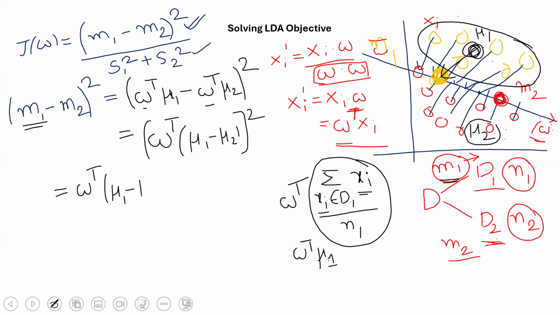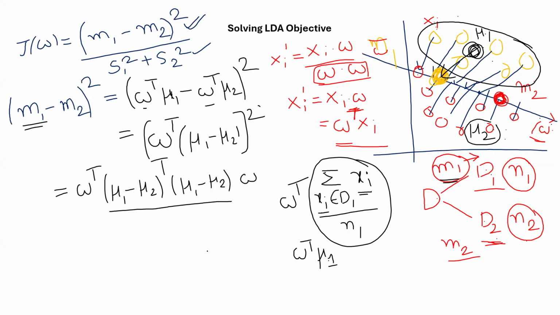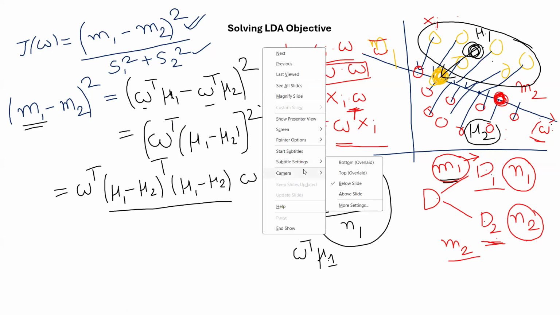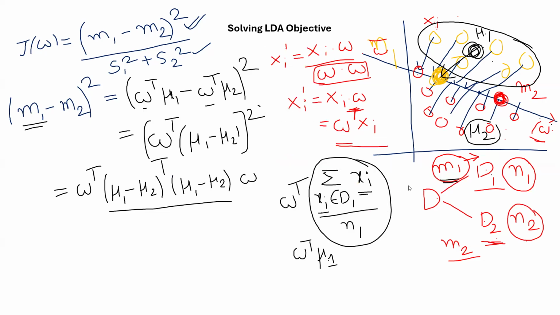This becomes W transpose into mu1 minus mu2 whole transpose into mu1 minus mu2 into W. So this is nothing but the square in matrix notation. A transpose into A is nothing but A square. That is how you represent a particular thing in matrix notation.